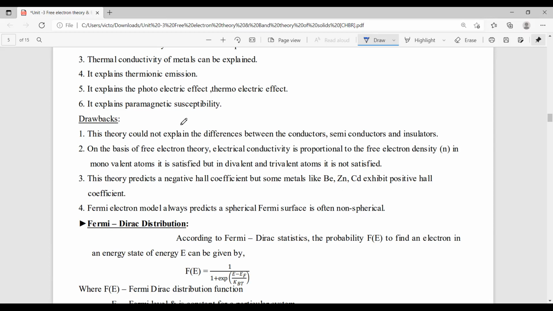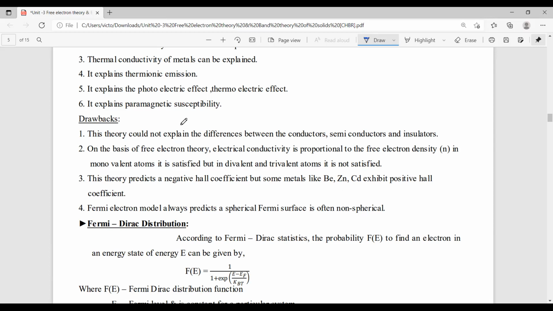And this theory predicts a negative Hall coefficient, but some metals like zinc, cadmium, barium exhibit a positive Hall coefficient. What is the Hall coefficient? That is a topic we discuss in semiconductors as the Hall effect.